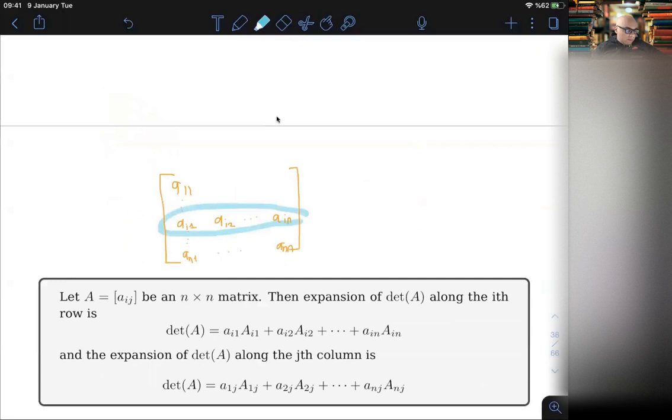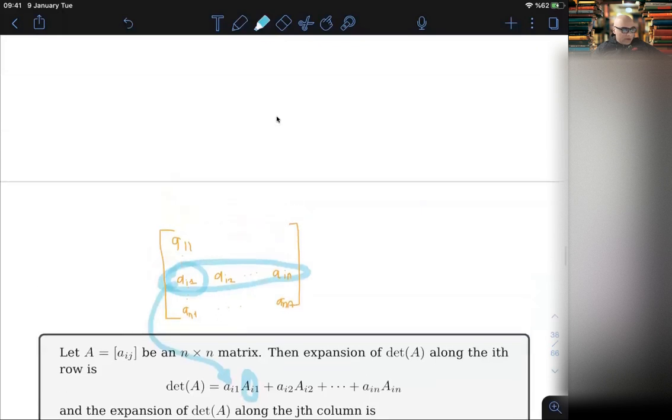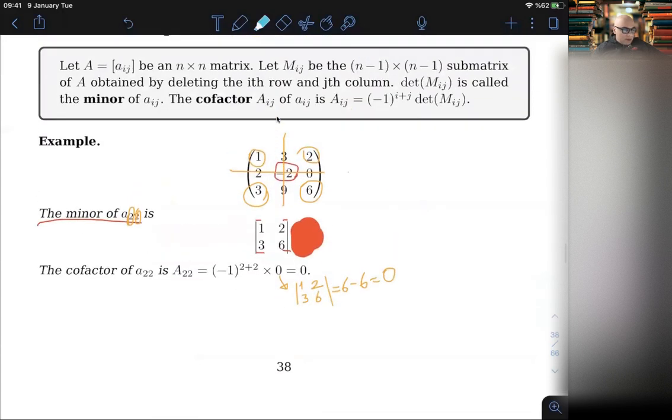So we choose the ith row. Then what do we do? We start with the first element here, which is this guy. We write it here, and then we compute the cofactor corresponding to this element, capital Ai1. If you remember the definition, it is -1 to the power of something times the determinant of the minor matrix.